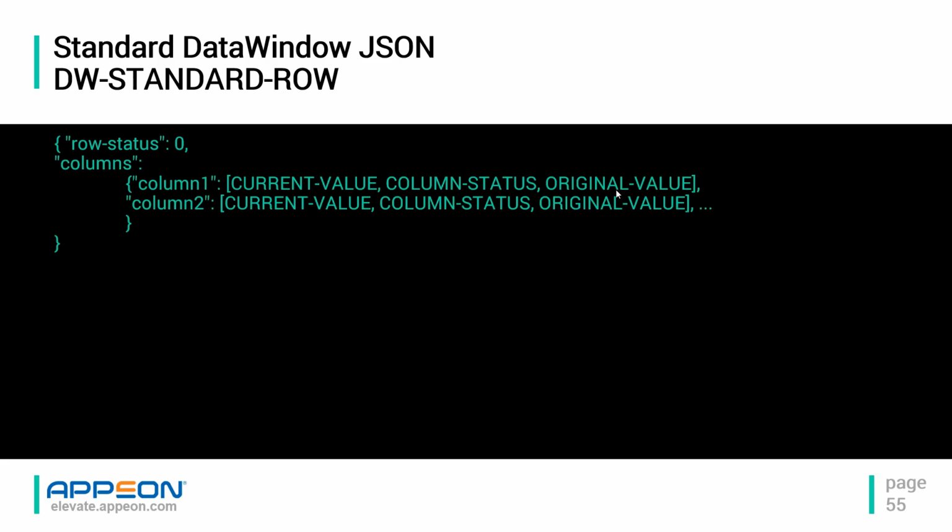We get state information back, and that allows us to take the data window in whatever state it's in, capture that, send it through JSON to the server, and then what the server gets when it brings this JSON into a data window on its side is a mirror copy of what the data window looks like on the client, including all the individual state flag information on the individual rows and columns.